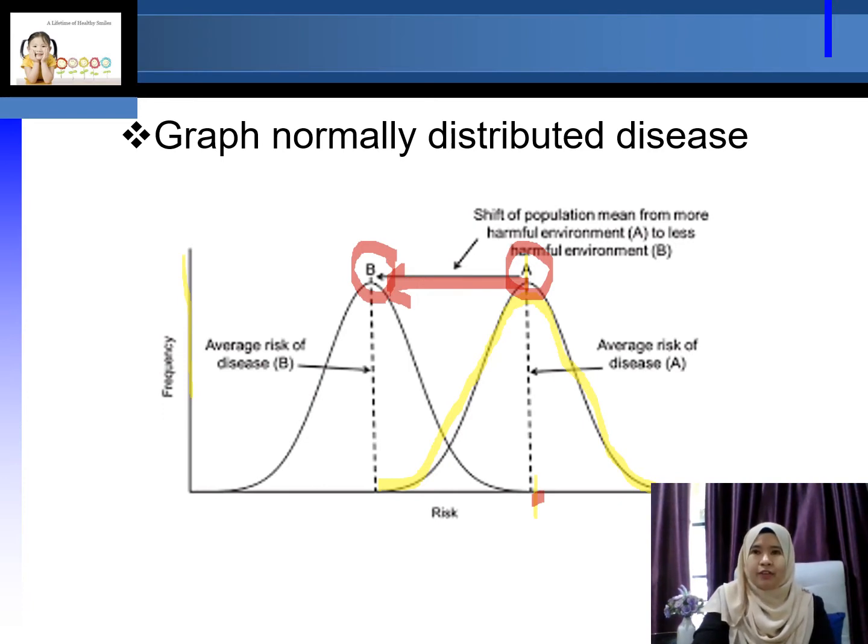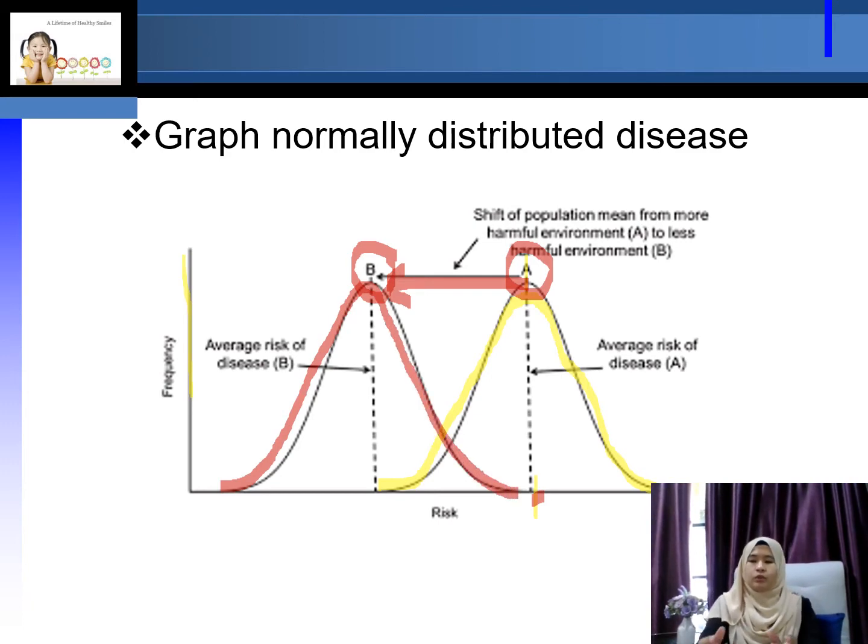So by giving the water fluoridation to this group, we want to shift from the risk at the A point to the B point. Hopefully at the end of the water fluoridation example, the graph becomes here.